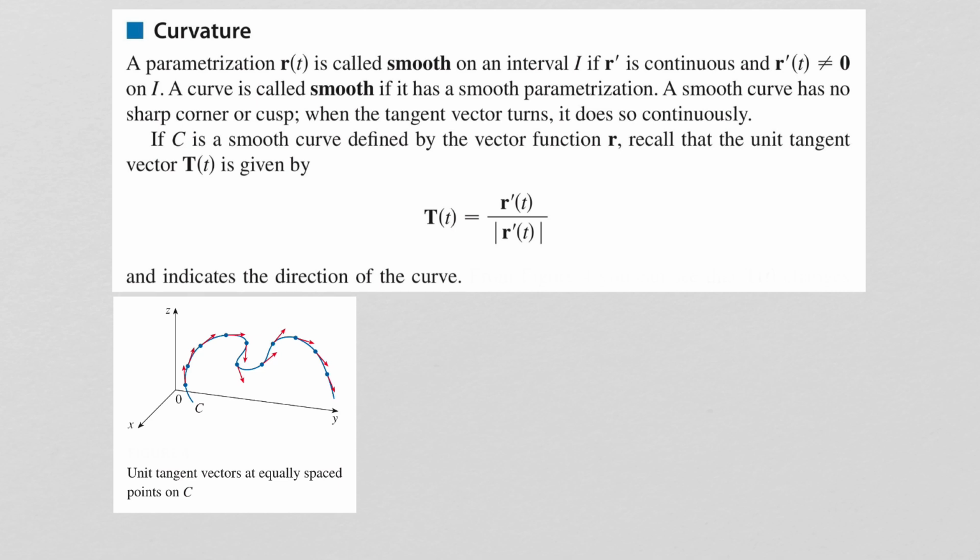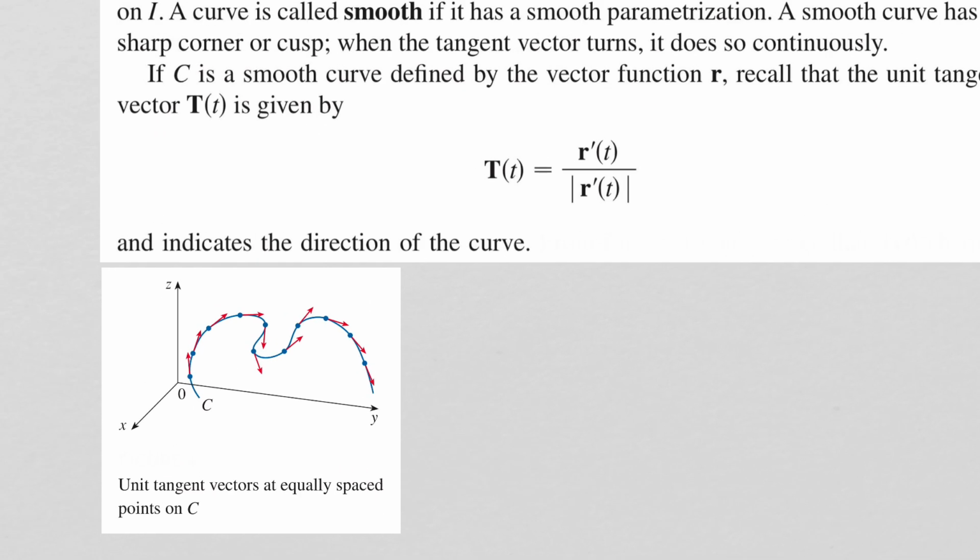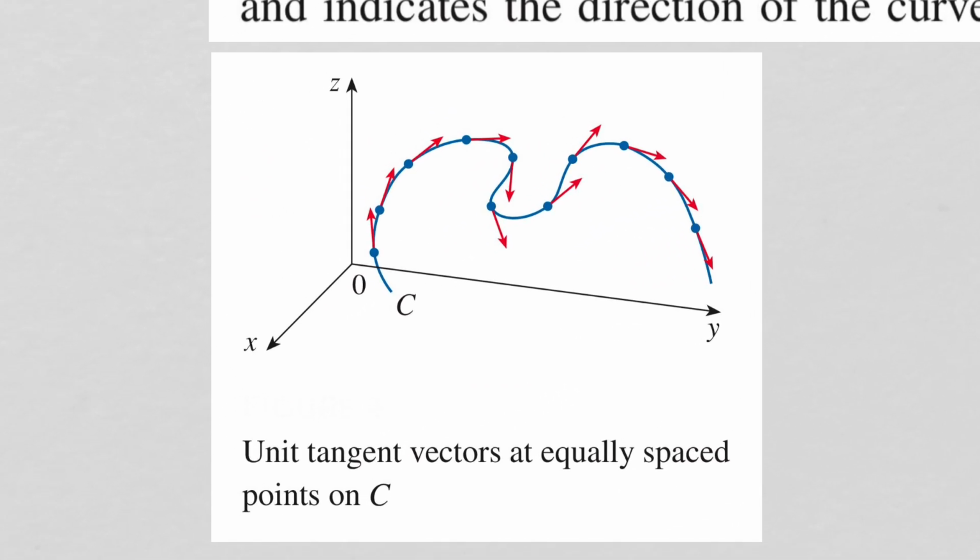If C is a smooth curve defined by the vector function r, let's recall that the unit tangent vector, which we call T of t, is given by r prime of t divided by the magnitude of r prime of t. And this is going to indicate the direction of the curve. So what you see here, all these little red vectors, these are unit tangent vectors.